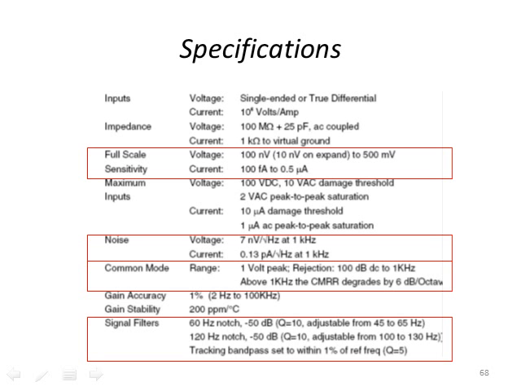So if we look at some of the specifications for this system, full scale voltage, 100 nanovolts to 500 millivolts. The sensitivity in current, 100 femtoamps, up to a half a microamp. The noise is 7 nanovolts per root hertz at 1 kilohertz, and 0.13 picoamps per root hertz.